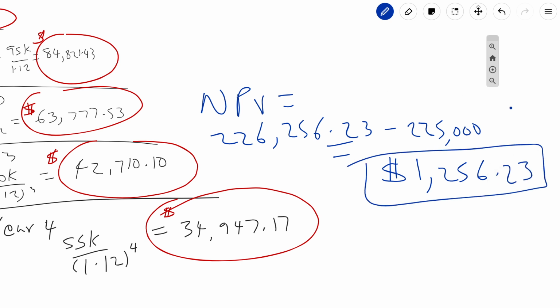So what we can see from this is we are not going to lose money. Instead, we're going to gain 1,256,000. Now, if you were to use the actual computation, you get something around 1257, perhaps, something like that.